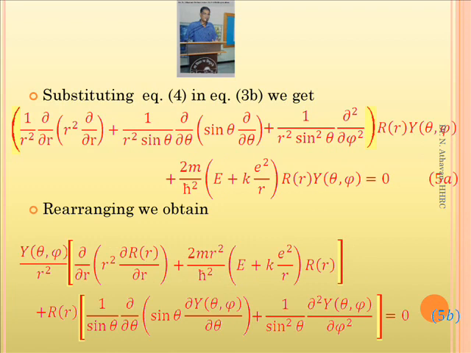So after the substitution, the full Schrodinger equation takes the form in equation 5a. Then after rearranging, we get the equation given in 5b, just a mathematical rearrangement only. That is, we take the radial function into the radial derivative and the angular function into the angular derivative part, so we get the equation given in 5b.